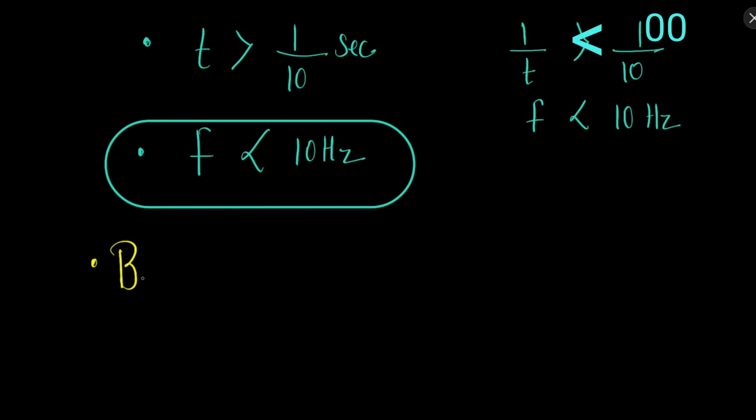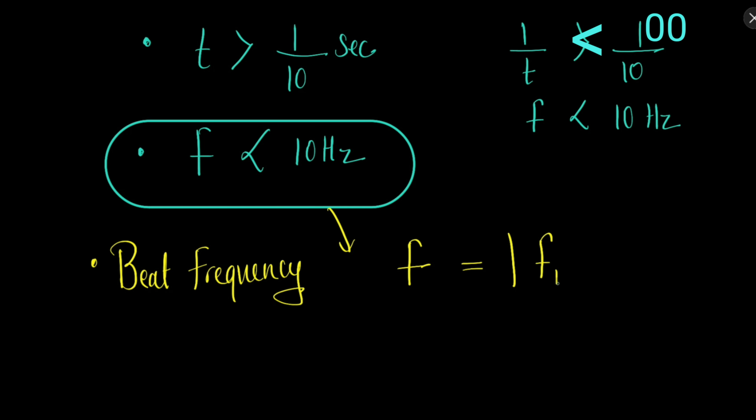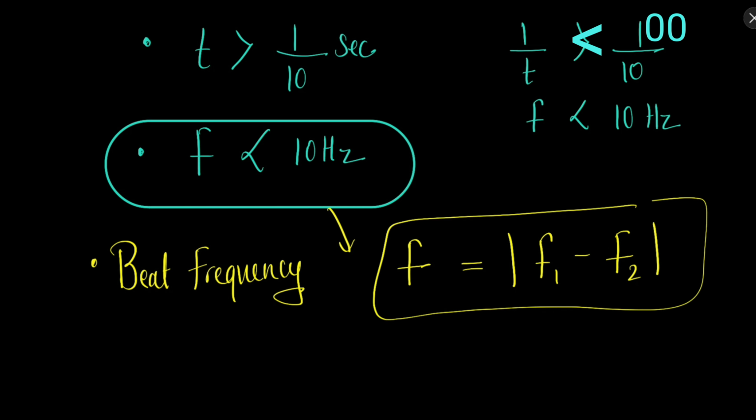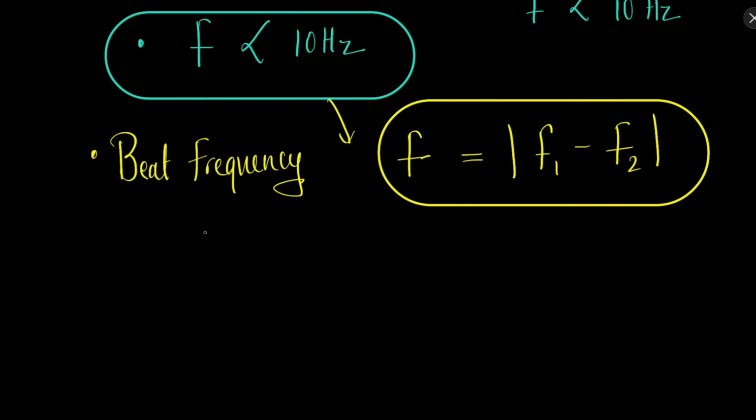Now there is this term called beat frequency. This beat frequency is defined as the modulus of the difference between the frequencies of the two waves. For example, let's say the frequency of the first wave is 200 Hz and the frequency of the second wave is 205 Hz.